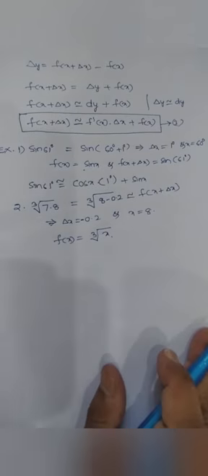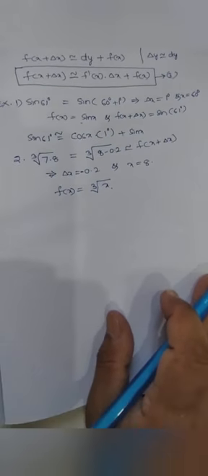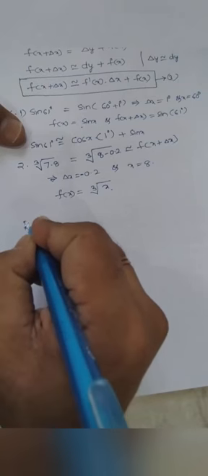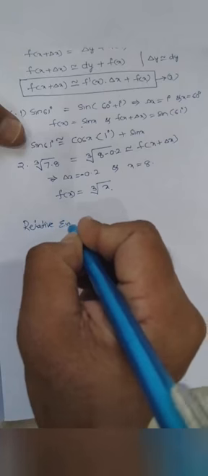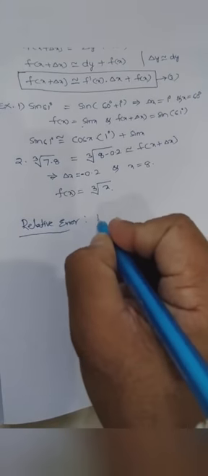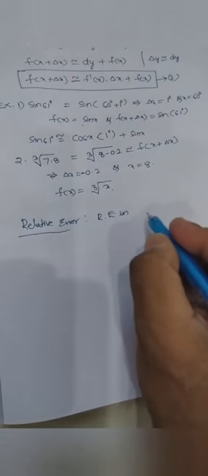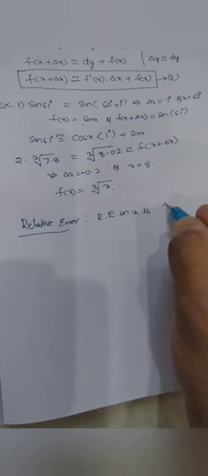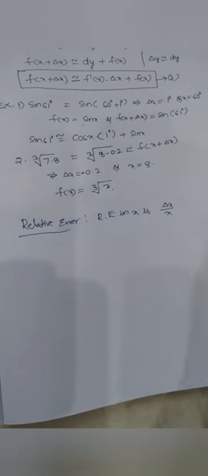Okay. Clear? Now in errors and approximations we have two definitions. What are those? Relative error. What is relative error? We are going to discuss it now. The relative error in x is simply delta x by x.